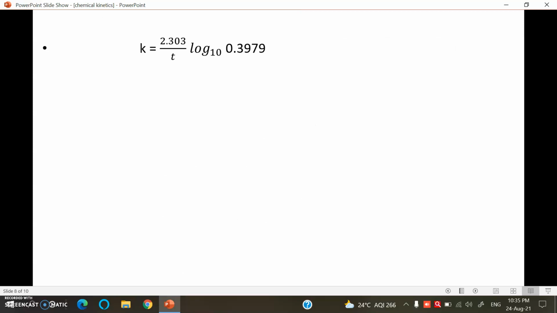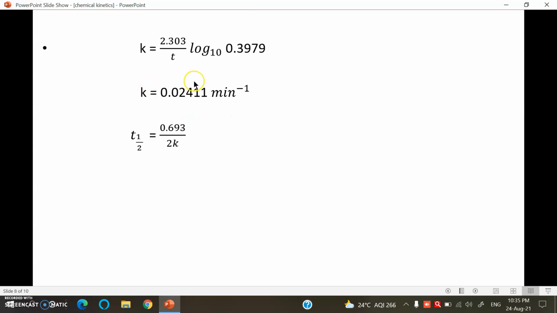On solving the ratio 20 by 8, we get k is equal to 2.303 divided by t log to the base 10, 0.3979. On solving, we get k is equal to 0.02411 per minute. This is the value for rate constant of the reaction.